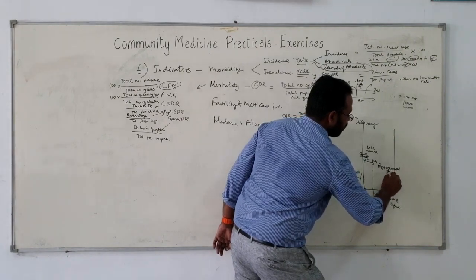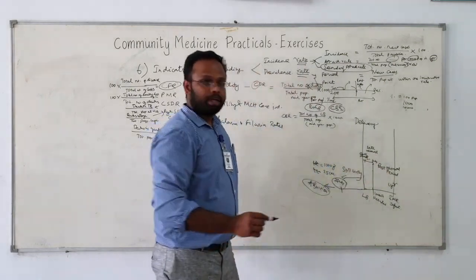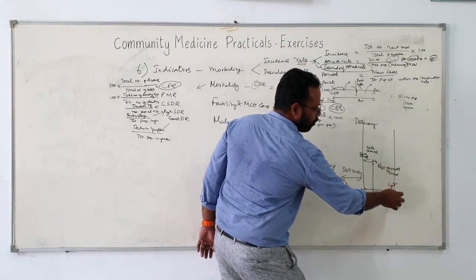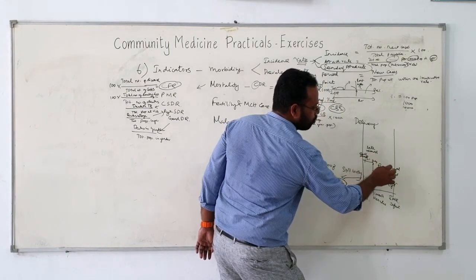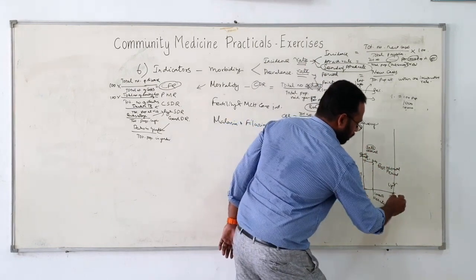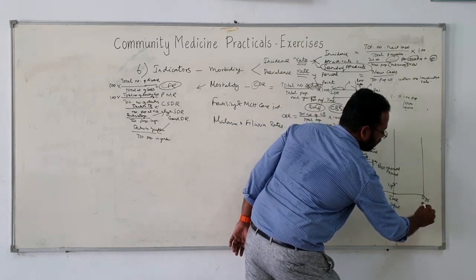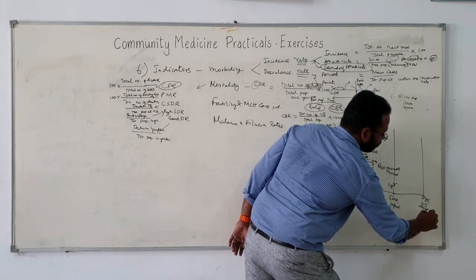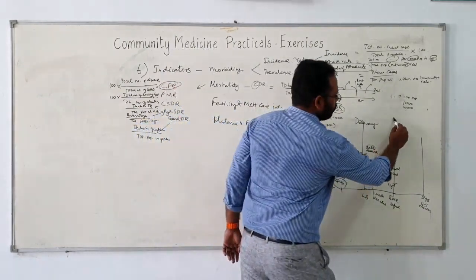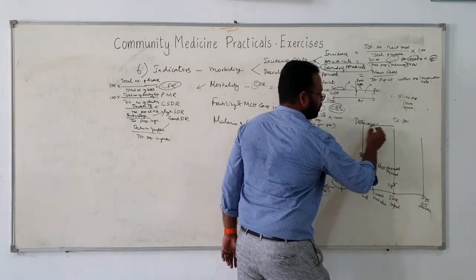You should not confuse the late neonatal period and the post-neonatal period. Sometimes they will give infant mortality, that is before 1 year, and early and post neonatal, and ask you to calculate. So you can subtract and calculate. Then the deaths within 5 years of age are called under 5 deaths. Roughly 75 to 85% of under 5 deaths will happen within 1 year.